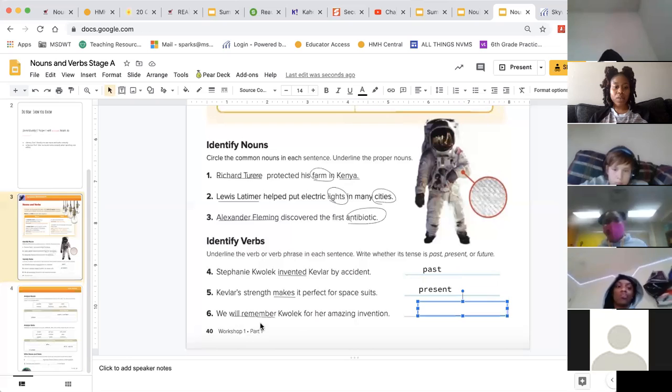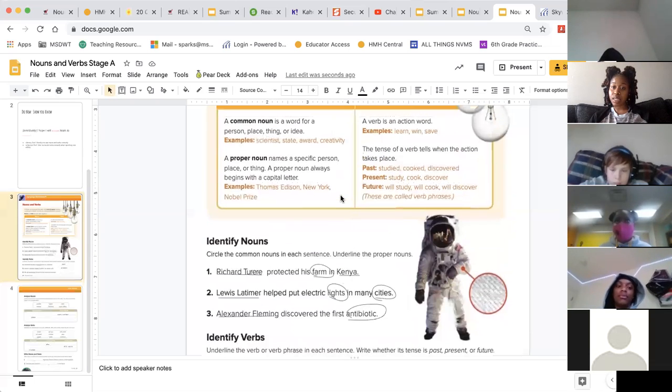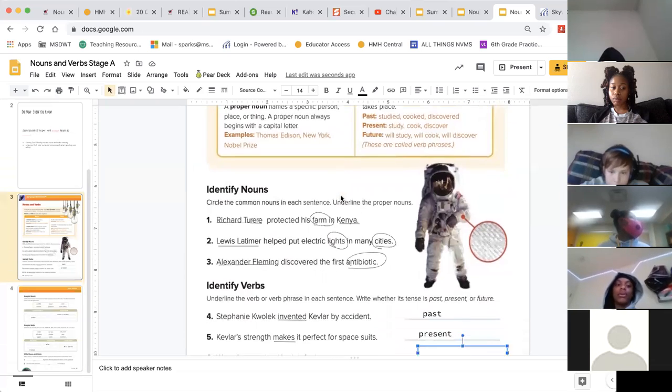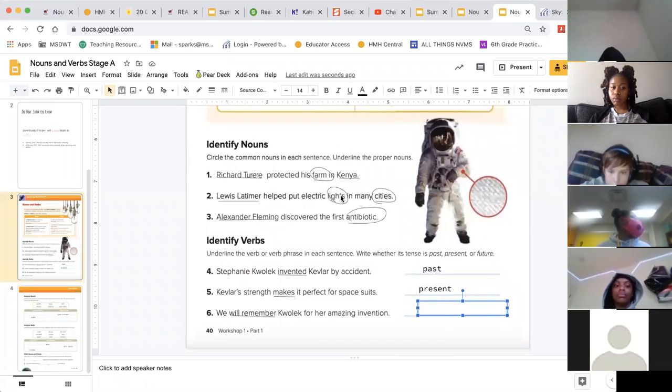So in this case, we have will remember as our verb phrase. And if you remember the examples from above, which tense includes will? Renijah, Aaliyah, and Aiden have it right so far.